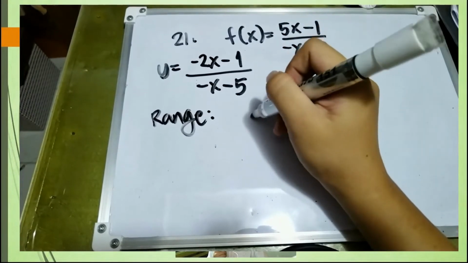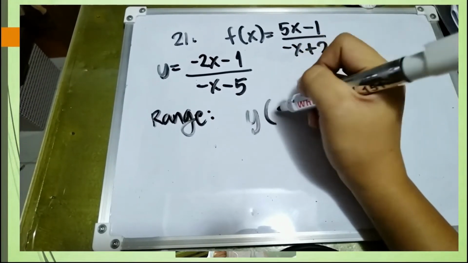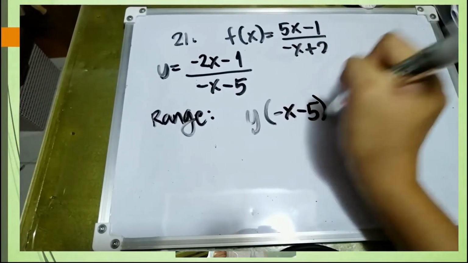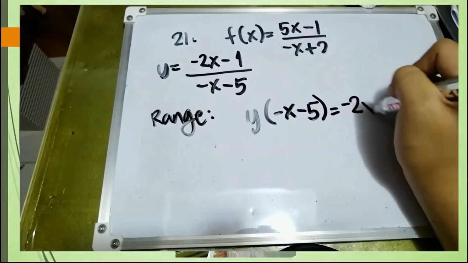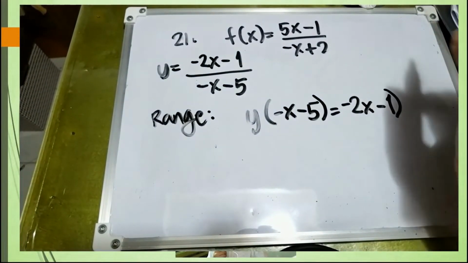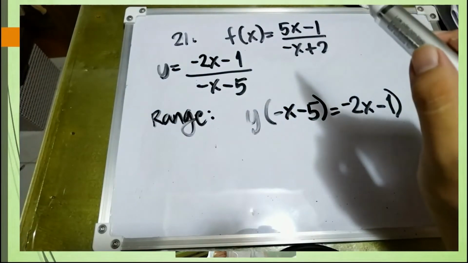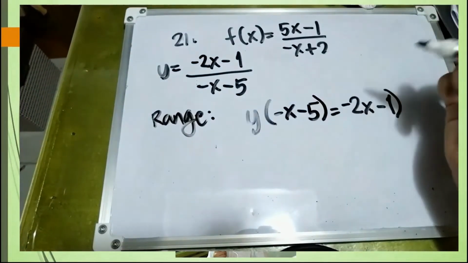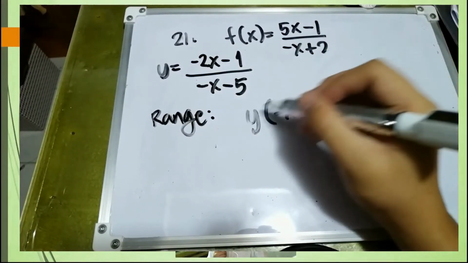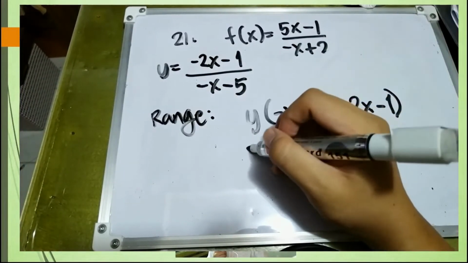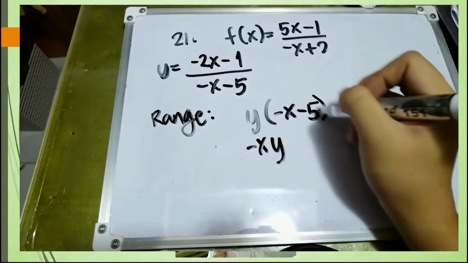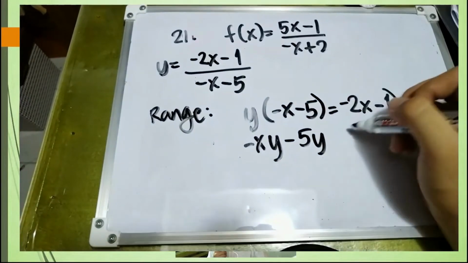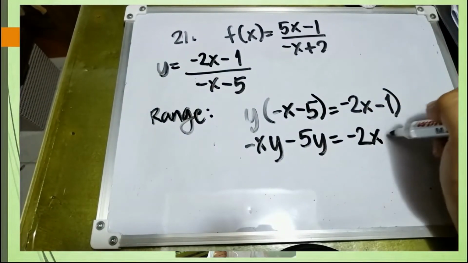So that becomes y multiplied by negative x minus 5 is equal to negative 2x minus 1. Or simply, the other term would be cross multiplying. So we're going to distribute then. So that becomes negative xy minus 5y is equal to negative 2x minus 1.